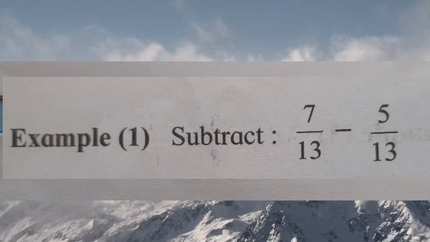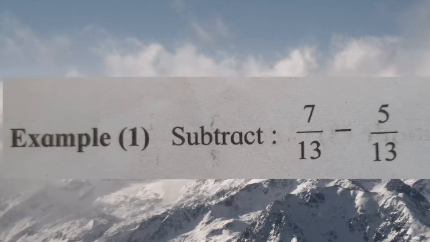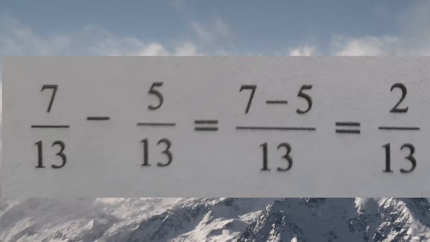Solve example 1. Subtract 5 by 13 from 7 by 13. These two fractions have a common denominator. So we shall subtract the second numerator from the first and write the denominator as it is. 7 by 13 minus 5 by 13 is equal to 7 minus 5 by 13.